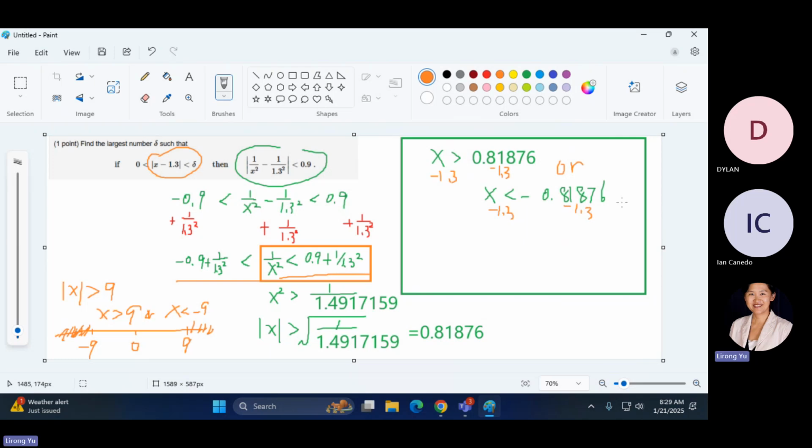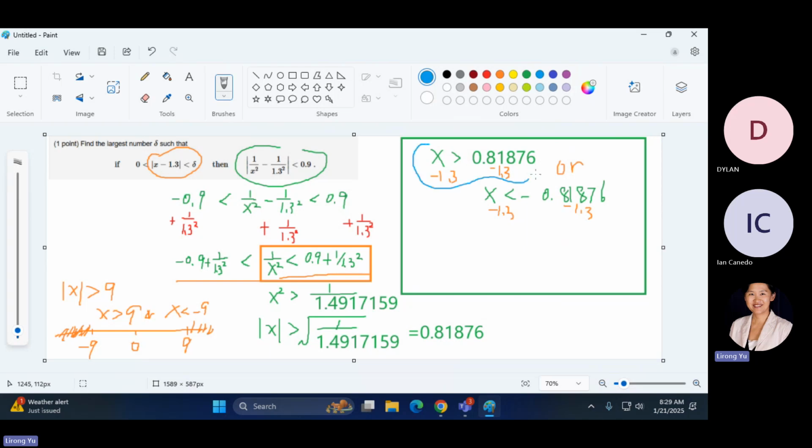That's how it looks. Then I'm going to take the absolute value. Remember, we're trying to look for the boundary for the absolute value of x minus 1.3. So you take the absolute value here, and you're going to have this boundary. Essentially, we're going to find two boundaries.